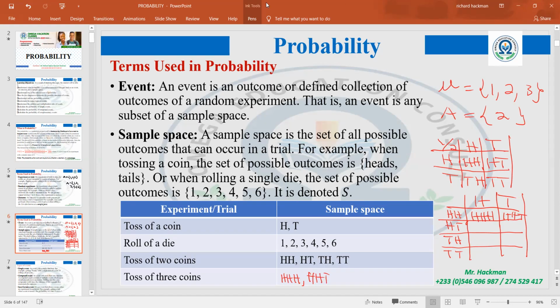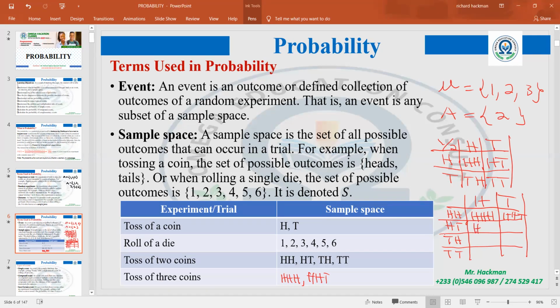Okay, Inshira, what will be the next outcome? Head, tail. Head what? I didn't hear you well. Head, tail. Okay, so we want to move in this direction.